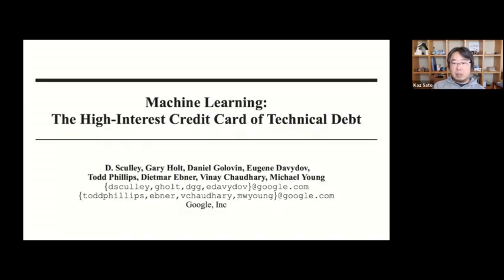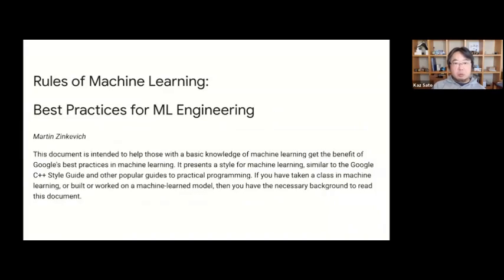They have learned a lot and put many practices and learnings into this publication. Another one is Rules of Machine Learning: Best Practices for ML Engineering. So with those important publications, I picked up a couple of the important rules or practices, and I'll be featuring some of them, and how to solve the problems by using the tools from Cloud AI.